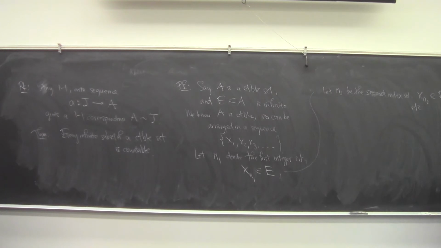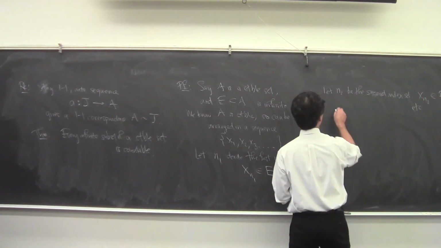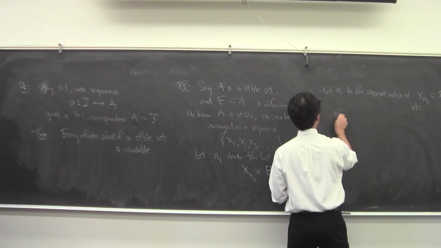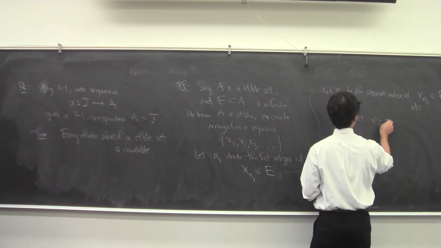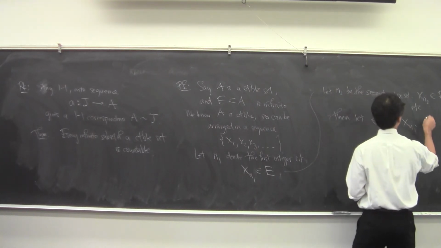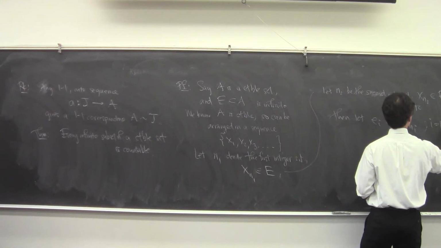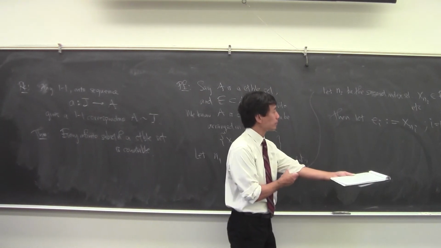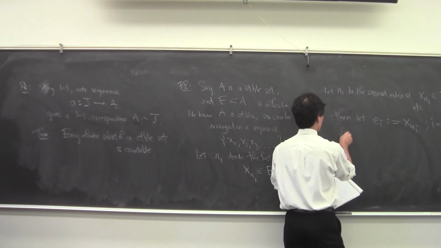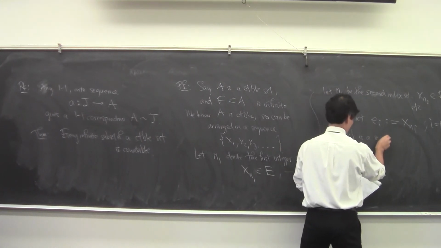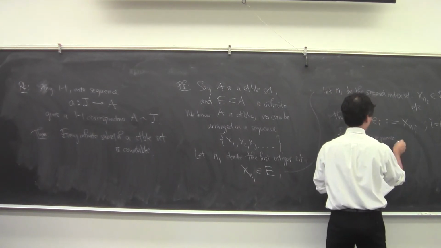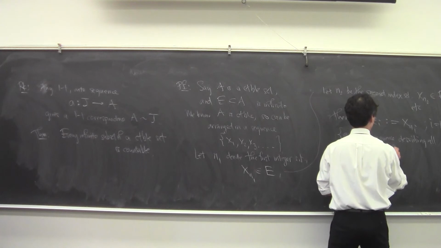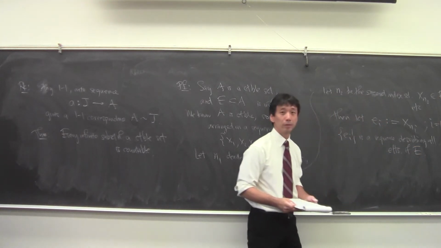Right? And so then let E sub i be defined as x of n sub i for all i equals 1, 2, 3, etc. This E sub i is a sequence describing all elements of E. Right?